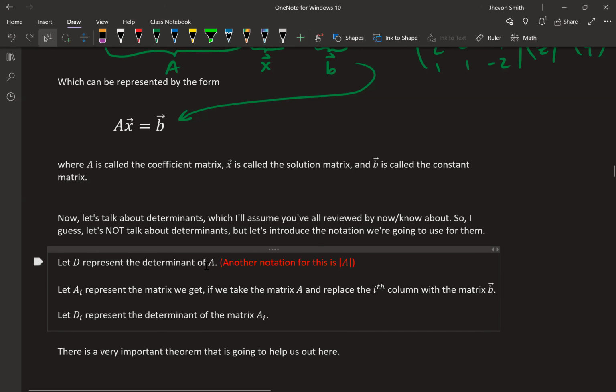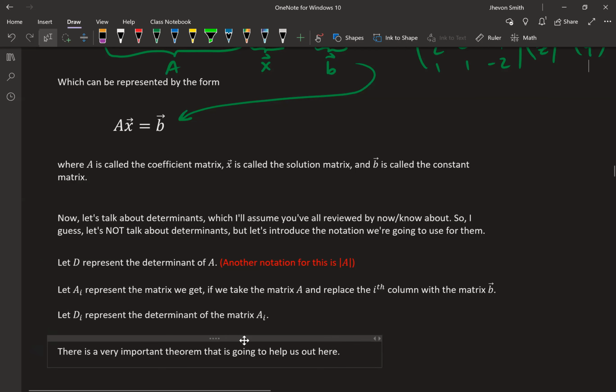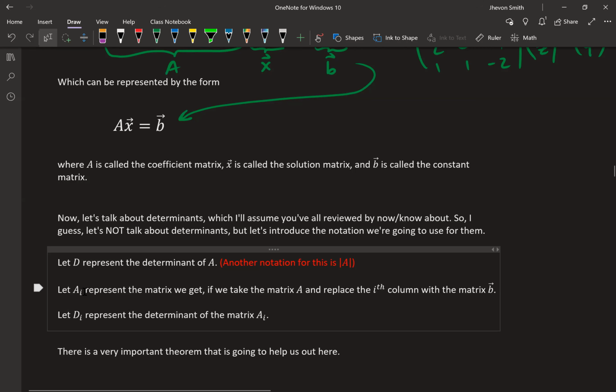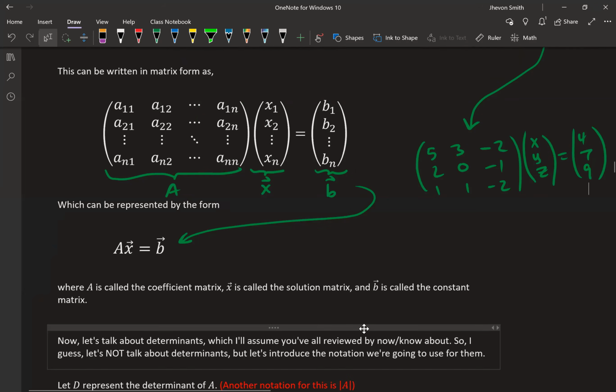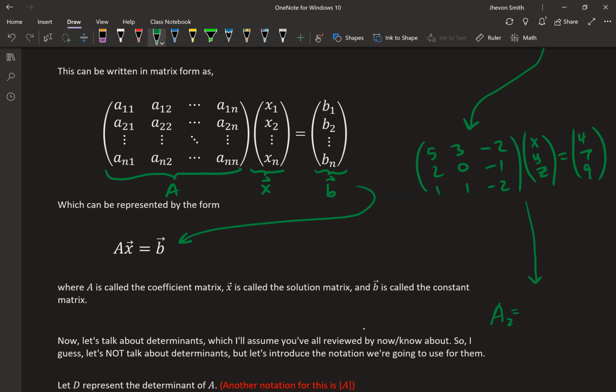So if D is the determinant of A, which is the coefficient matrix, and if I call A_i the matrix we get if we take A and replace the ith column with b, right? For example, to use this same guy as an example, A2 would be the matrix I get if I replace the second column by the guy that's over here, 4, 7, 9, and then I leave everyone else the same.